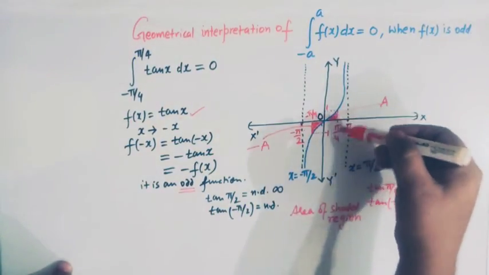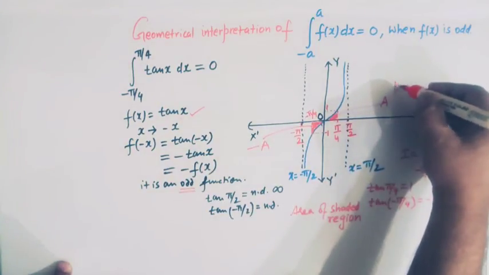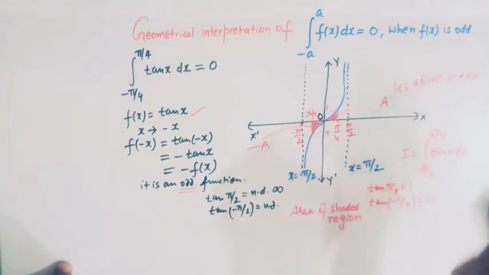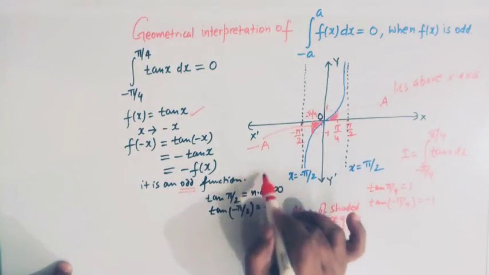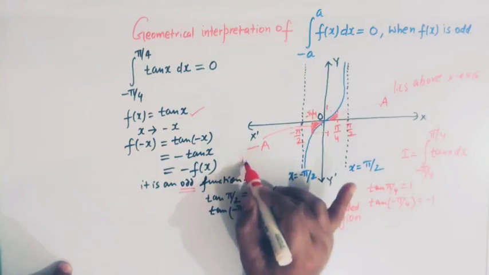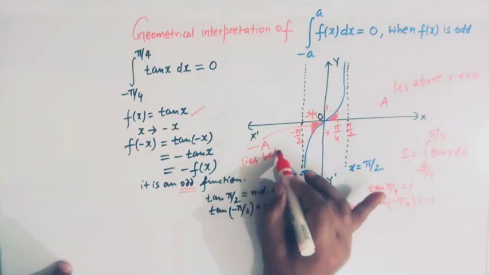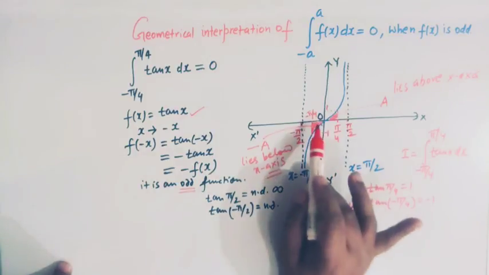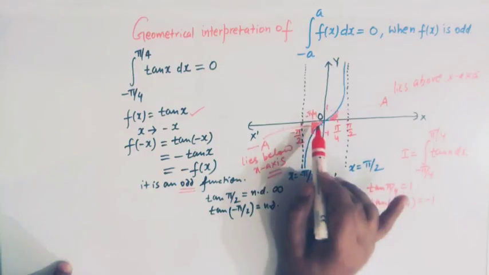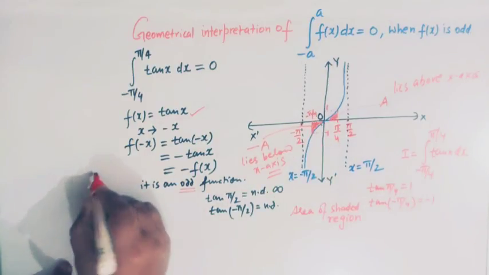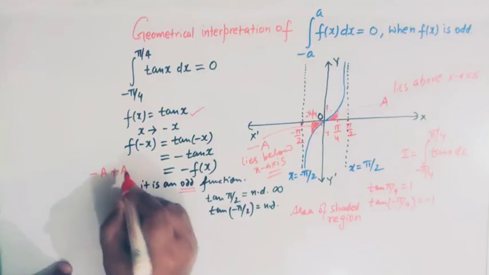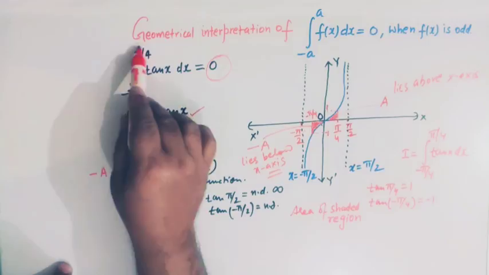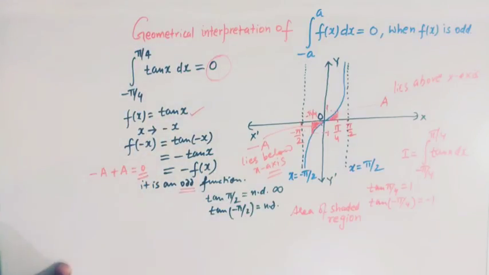Because this area lies above the x-axis, right? And this area lies below the x-axis. So if we add these two areas, that is minus a plus a, we will get 0. So this is how we get the value of this integral equal to 0.